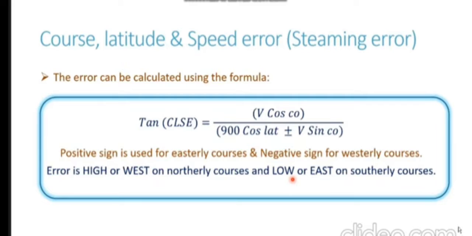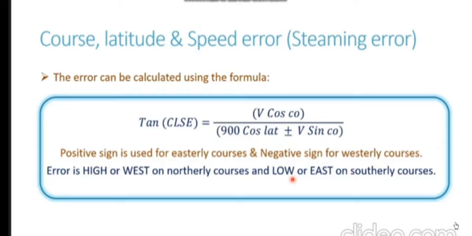Now you need to be careful about the direction in which the ship is moving. The easterly and westerly component of the ship's course decides whether we will be using a plus sign or minus sign in the denominator. And the northerly or southerly component of the course decides whether the error will be high or low.